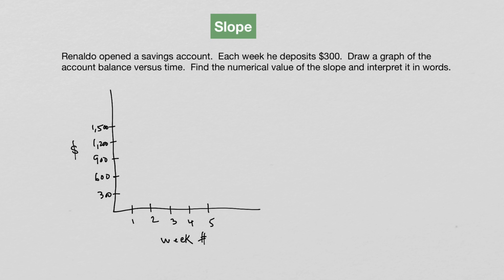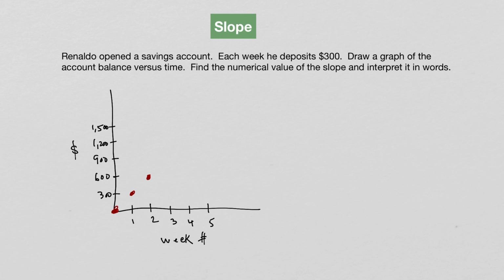So at the very beginning, as he opens the account, there's no money, at time t equals 0. On the first week, he deposits $300, so we put a dot here. $300 week 1. He's going to add another $300 at week 2, and his balance is now 600, right? 300 plus 300 is 600.